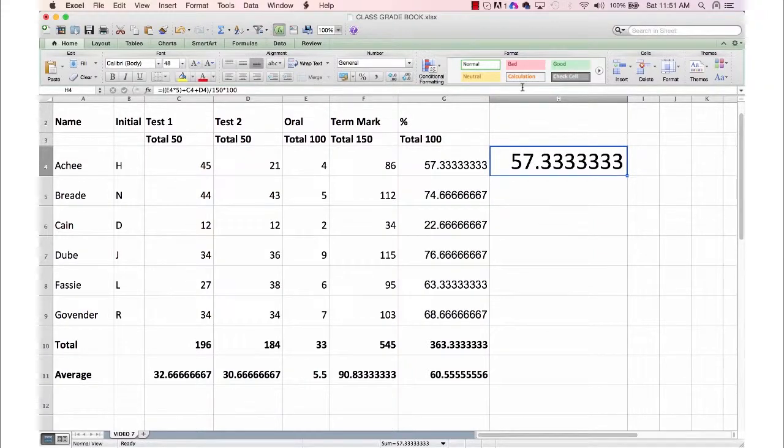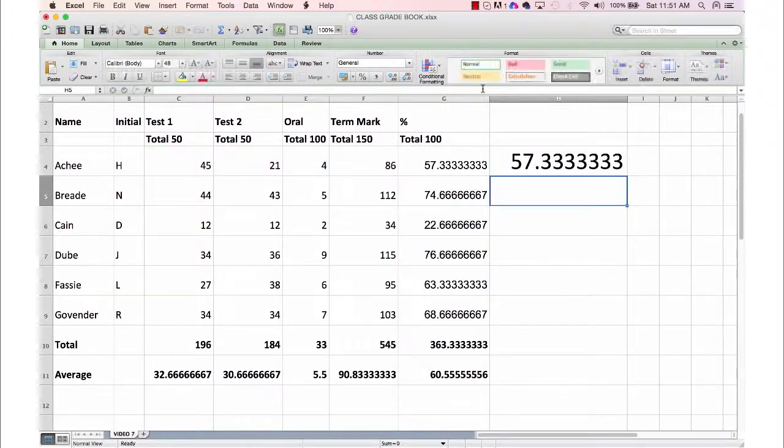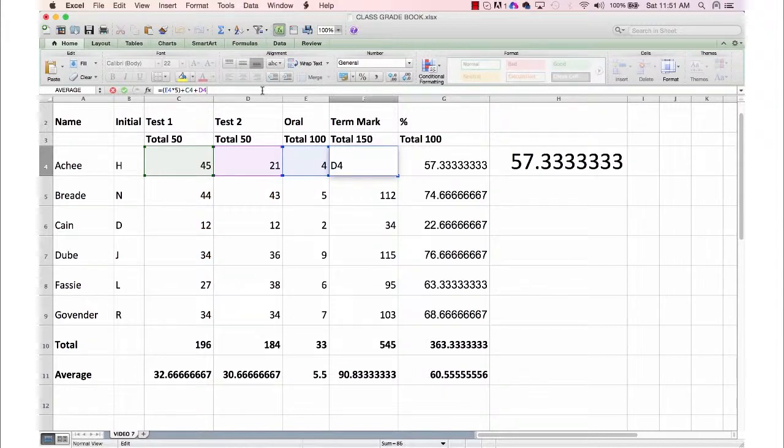Essentially what we've done, let's take a look at that formula one more time. I have equals double parentheses E4 times 5 parentheses plus C4 plus D4 parentheses divided by 150 times 100. If I show you the formula for the total here, you'll see we have E4 times 5 plus C4 plus D4. It's the same thing.